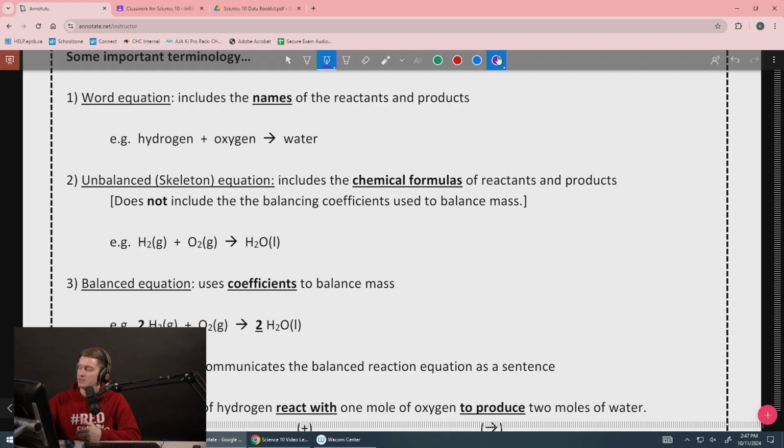That's a fancy way of saying that the number of atoms on either side is not equal.